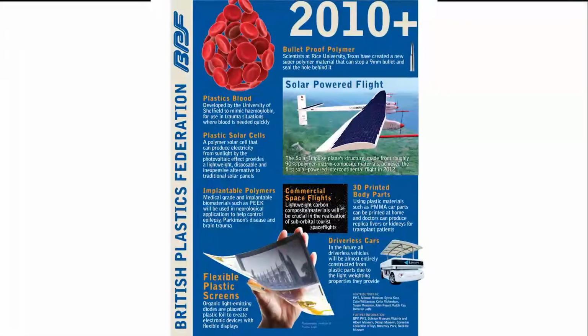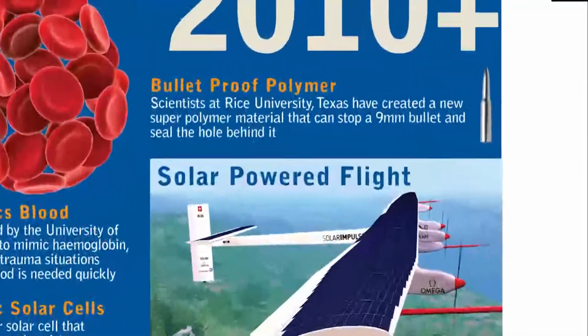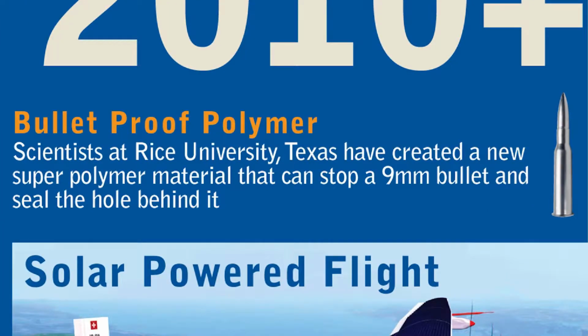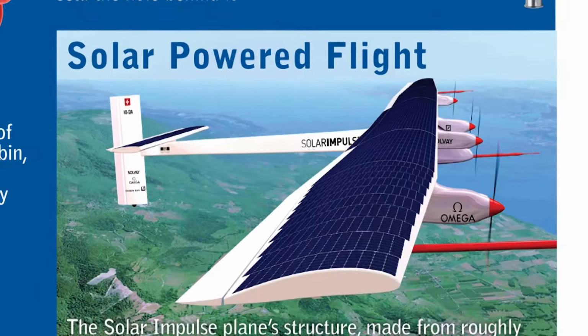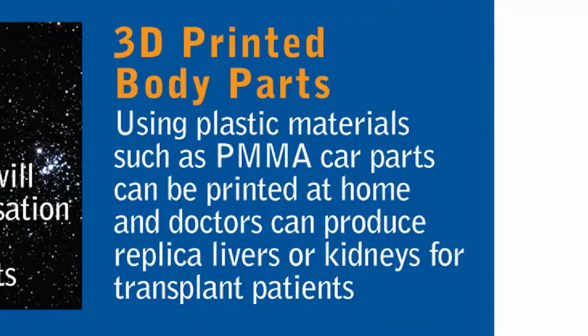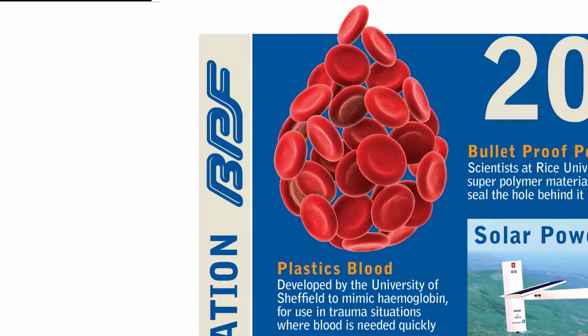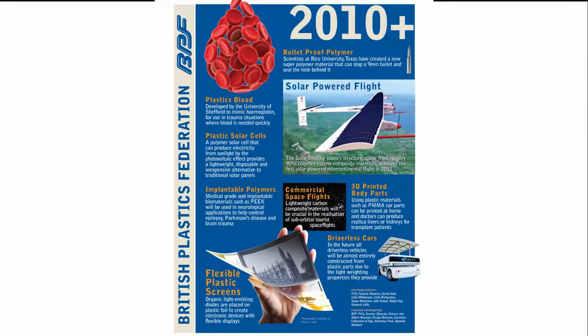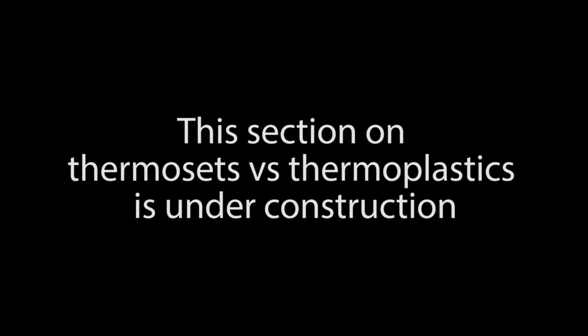Today, the state-of-the-art in plastics includes nanomaterials and exotic fibers such as Kevlar for bulletproof vests, carbon fiber composites for aircraft, and such things as 3D printed body parts and plastic blood. Plastic is a unique material that presents far greater design opportunities than any other material.